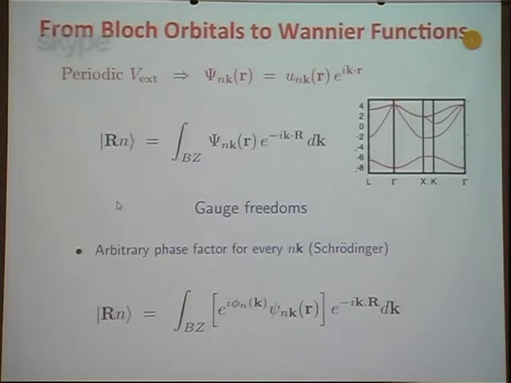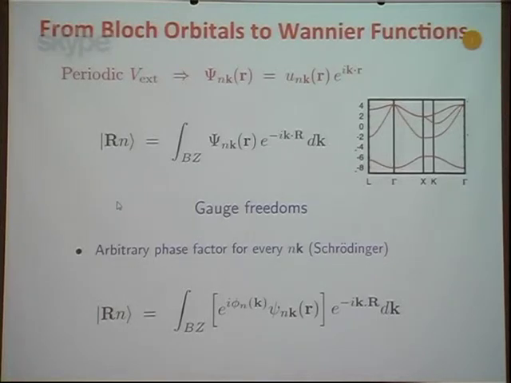That is, if we have calculated psi nk as a function of n and as a function of k with our favorite electronic structure code, and we are performing this Wannier transformation, we still have the freedom, for any k, that, remember, is a continuous variable, to multiply it by an arbitrary phase factor that I've just written as e to the i phi n of k.